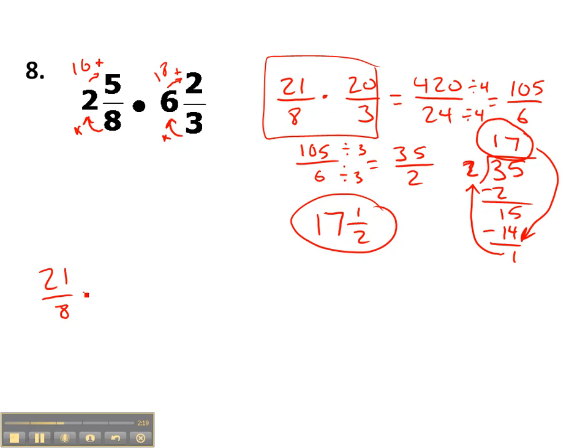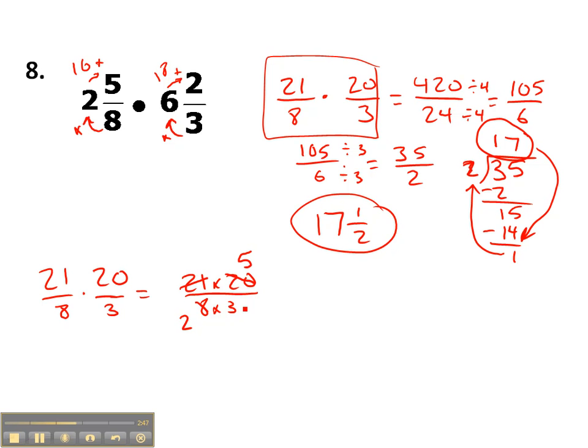The easy way to do this: let's take the improper fractions and start from there. 21 eighths times 20 thirds. Remember, this is the same as 21 times 20 over 8 times 3, because we multiply numerator times numerator, denominator times denominator to make our new fraction. We learned in class that we can simplify before we multiply. So we look for a common factor. I'm crossing out 20 and 8 because I see they're both divisible by 4. 20 divided by 4 is 5. 8 divided by 4 is 2.